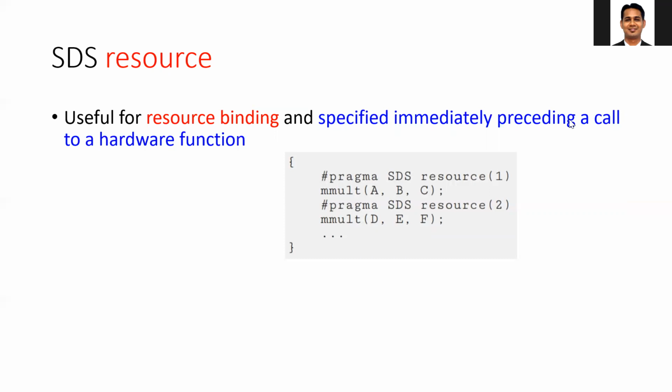You can see that for the first one the ID is 1, for the second one the ID is 2, and based upon that SDSOC will generate the corresponding instances of the hardware accelerator along with the corresponding data motion network to move the data between the appropriate IDs.